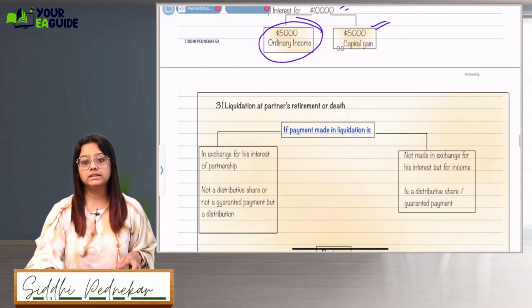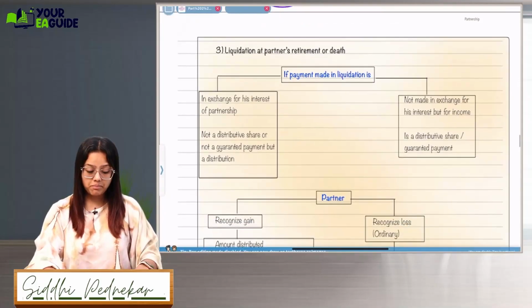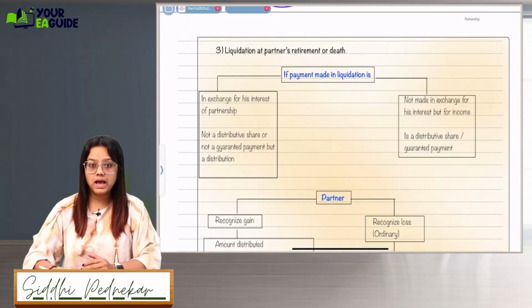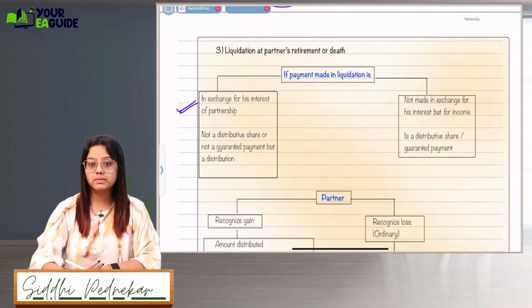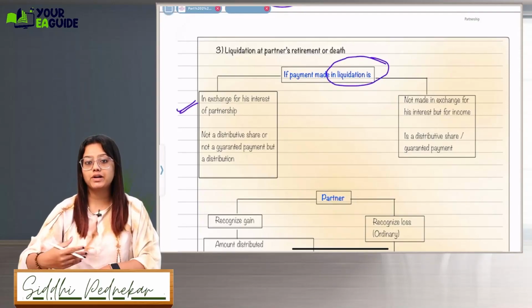Okay, the next important thing is liquidation at the partner's retirement or death. If a partner is retiring or dies, what will happen? In exchange for his interest in the partnership, first we are understanding the case where the partnership is getting liquidated.